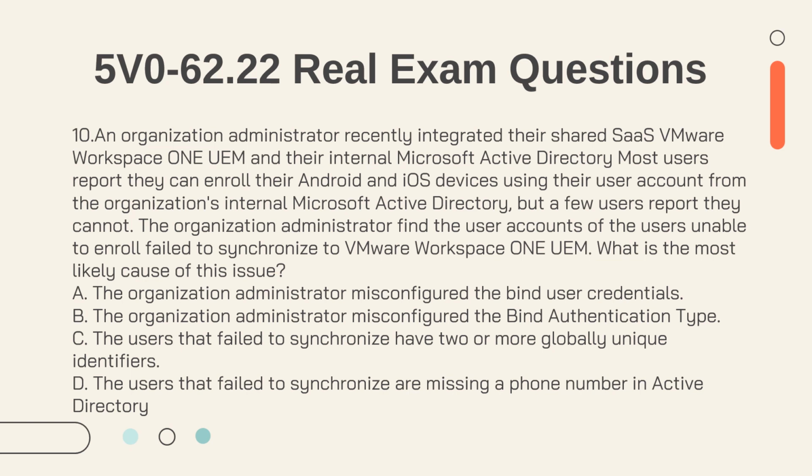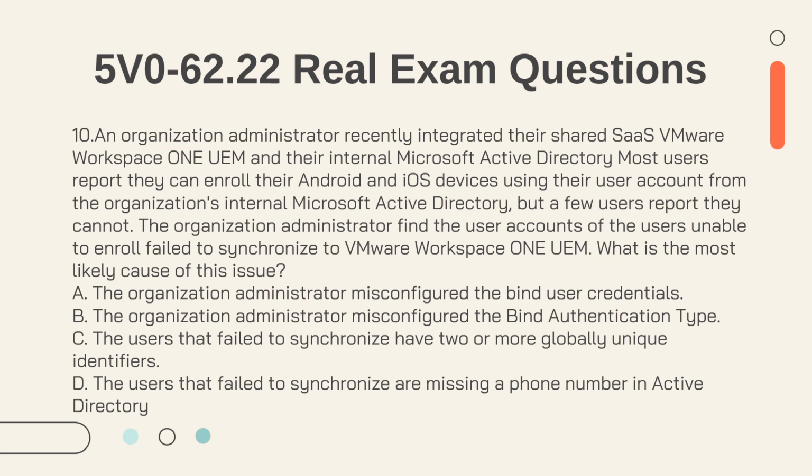10. An organization administrator recently integrated their shared SaaS VMware Workspace ONE UEM and their internal Microsoft Active Directory. Most users report they can enroll their Android and iOS devices using their user account from the organization's internal Microsoft Active Directory, but a few users report they cannot. The organization administrator finds the user accounts of the users unable to enroll failed to synchronize to VMware Workspace ONE UEM.